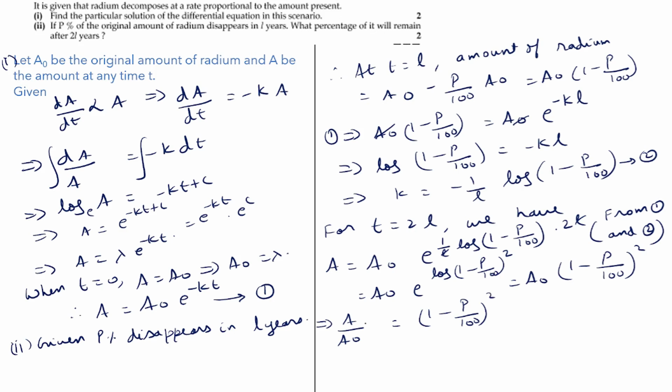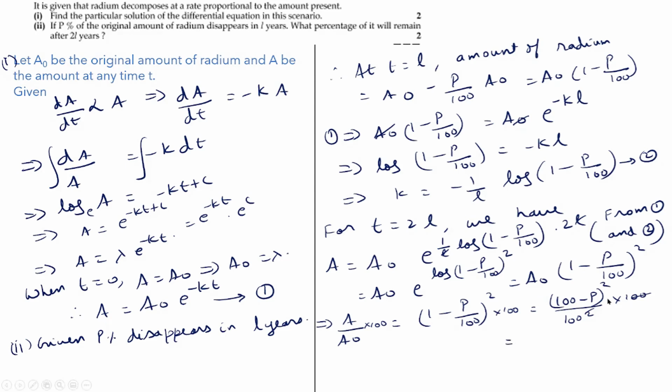Now to find the percentage, we have to multiply by 100. So this is nothing but 100 minus P by 100 the whole square, or it is 100 minus P the whole square upon 100 square into 100. So these two will cancel.